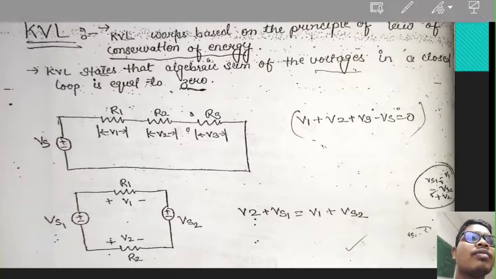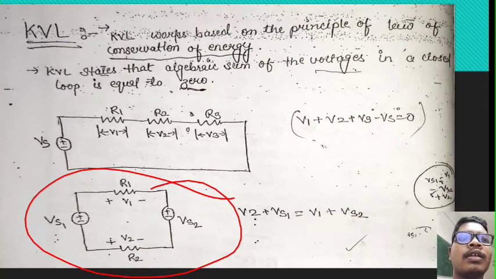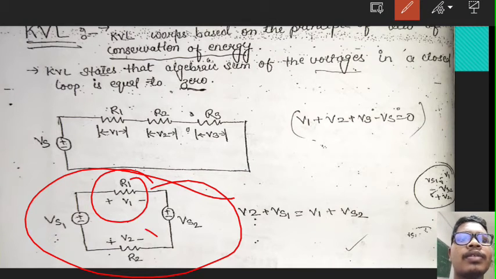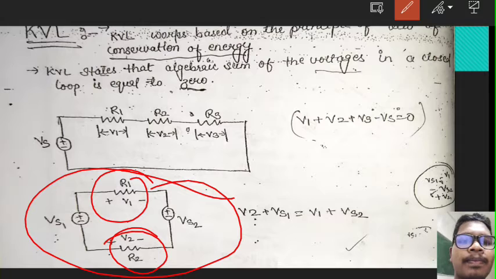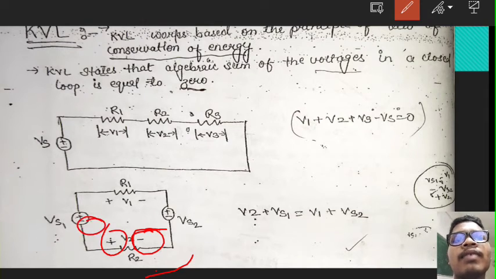Now see, this is another type of figure. Here there are two voltage sources, Vs1 and Vs2. In between them, resistances R1 and R2 are connected in a closed loop with the voltage sources. See the signs: negative first and then positive, negative first and then positive.